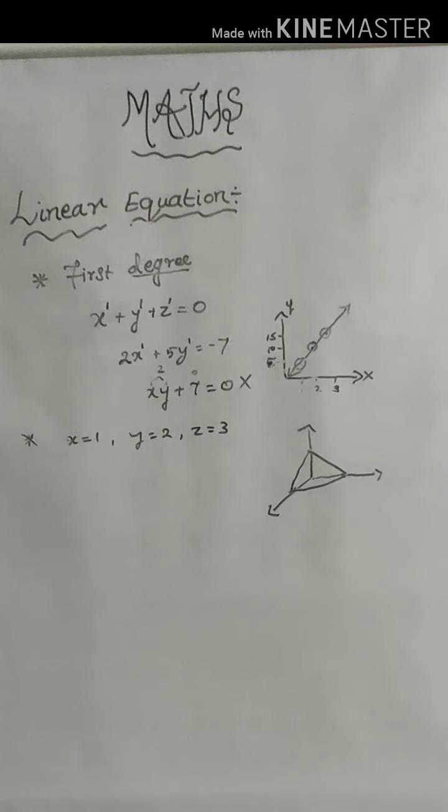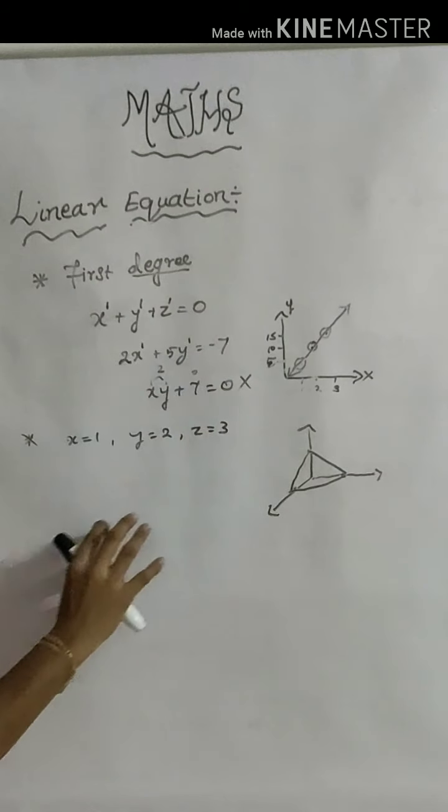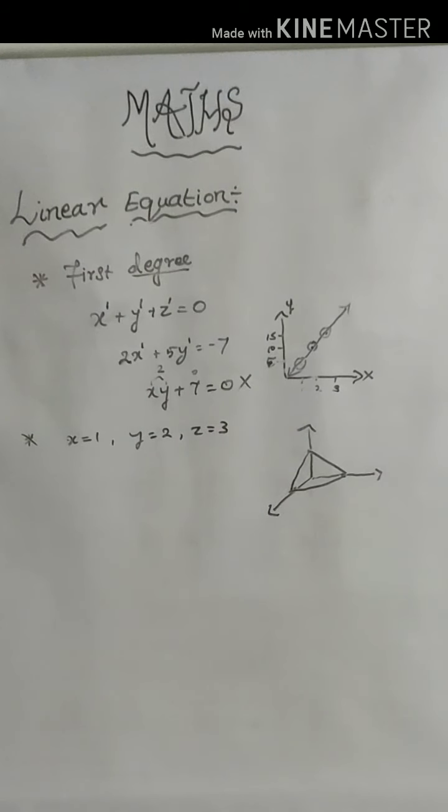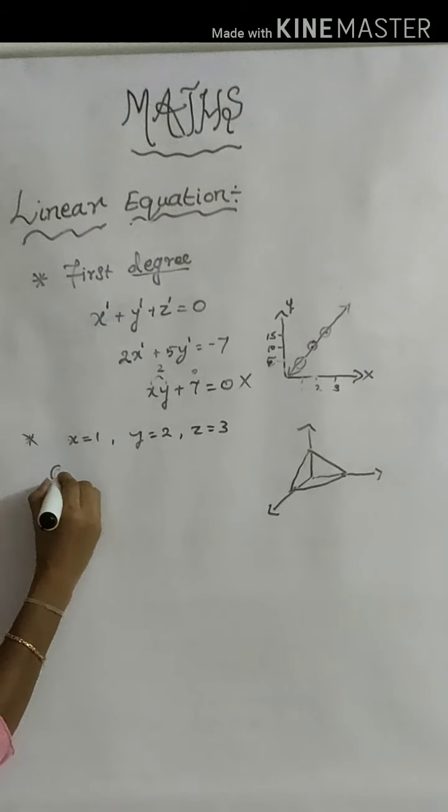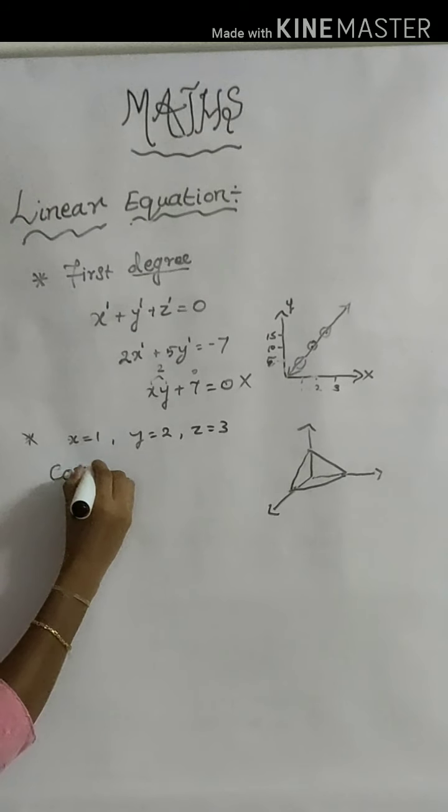I am just giving an example. Not only 1, 2, 3, you may arrive at some other values also. If I arrive at some values of the given variables, then I can say this equation is consistent and it has a unique solution. Why is it consistent? Because the left hand side and right hand side are equal.